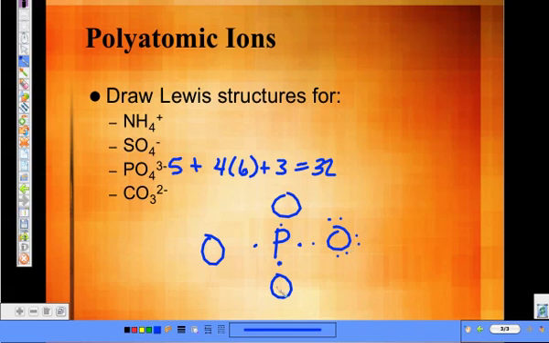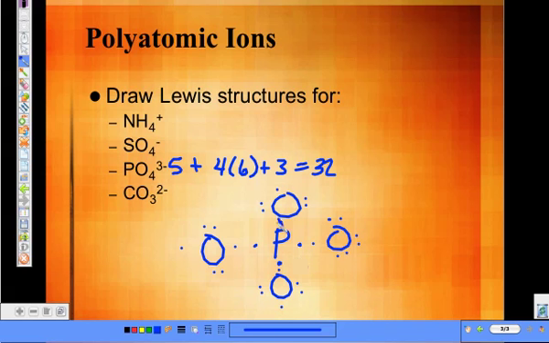The other 3 oxygens need to share 1 electron with phosphorus. Each gets 6.